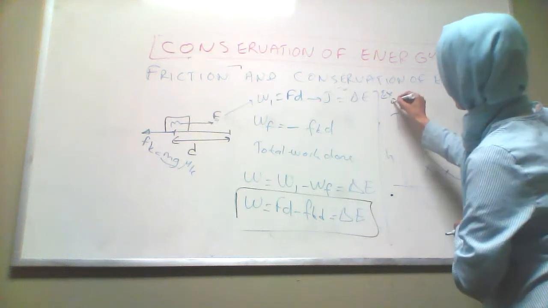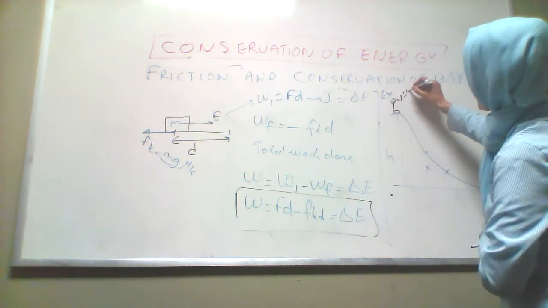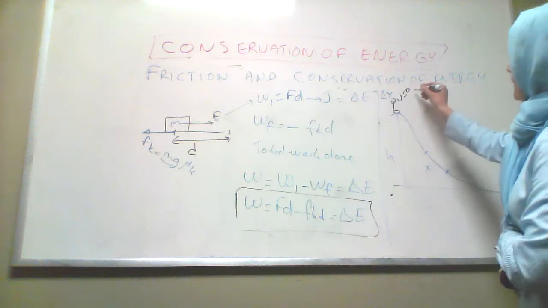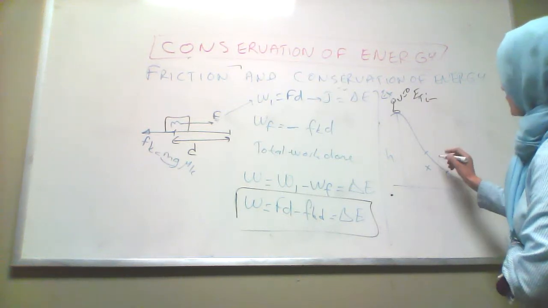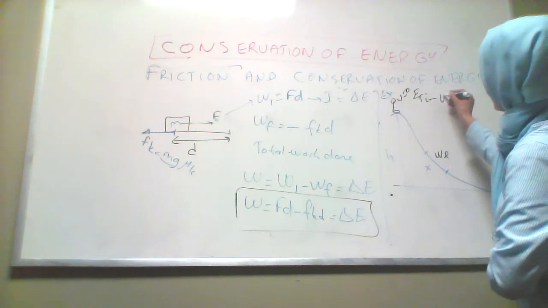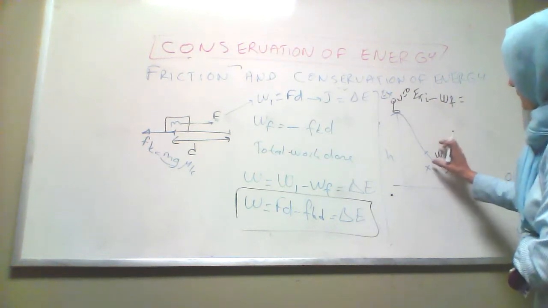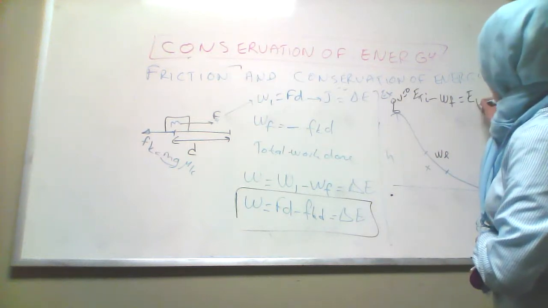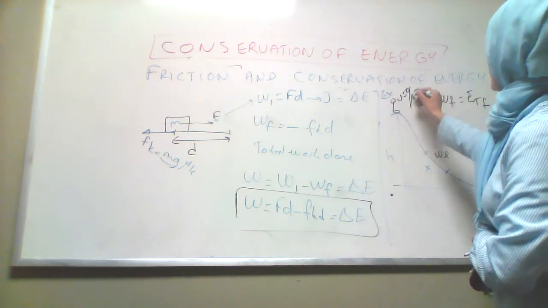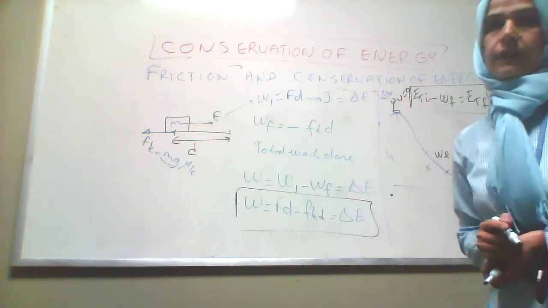The child starts sliding with velocity 0. What we would do is take the total initial energy minus the work done by the friction right in here, so some energy will be converted into heat, and that will be equal to the total final energy. And using this, we can still solve the equation.